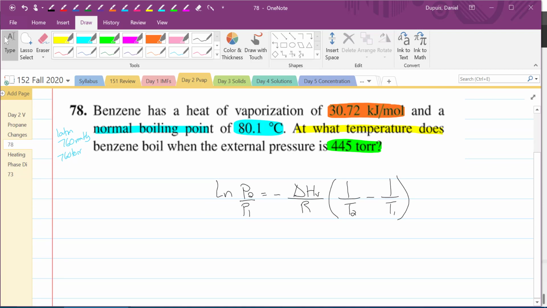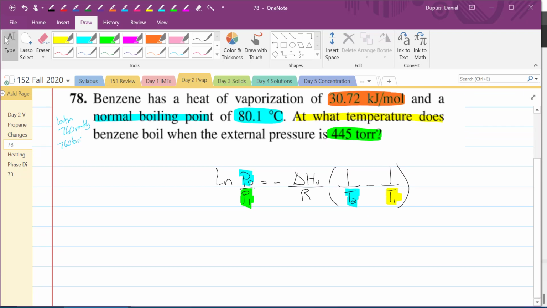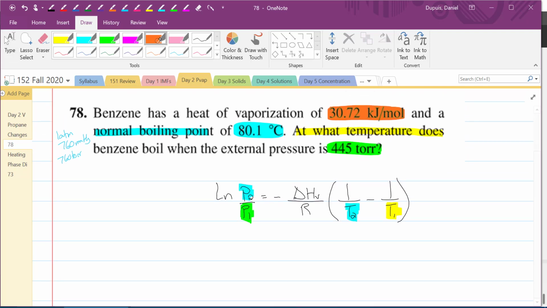Alright, so I'll look for T1. I'm going to say T1 is my question. So that means P1 has to be there, and the 2's are here and here. Okay. Alright, and we know what delta HV is.